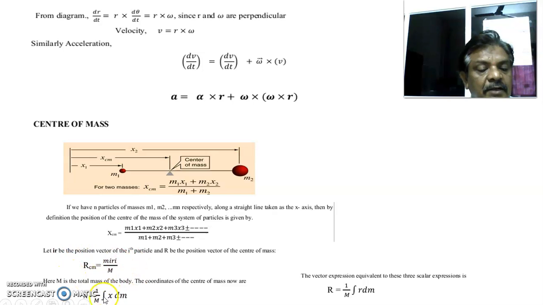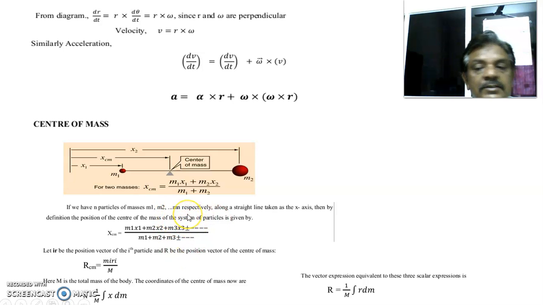The same can also be written in integral form. xcm is equal to 1 by m integral x dm, where total m is constant and the mass is varying. Similarly, rcm is equal to 1 by m integral r dm. This is the integral form, the general calculation of center of mass.